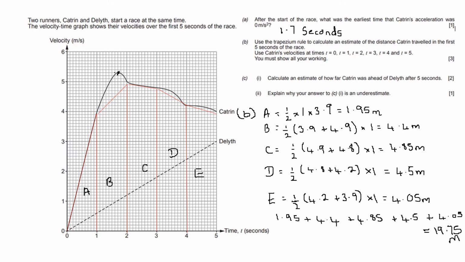Okay, and then we have question C. Calculate an estimate of how far Katrin was ahead of Delith after 5 seconds. So we can quite easily work out how far Delith's run, because Delith's accelerating at a constant rate. So we can just work out the area underneath the line that represents Delith. So Delith is 3 meters per second.